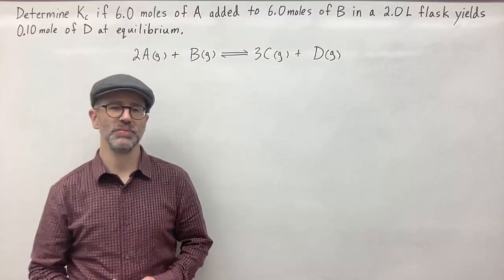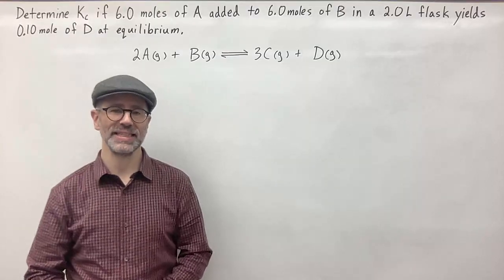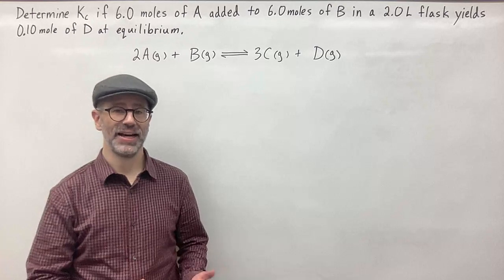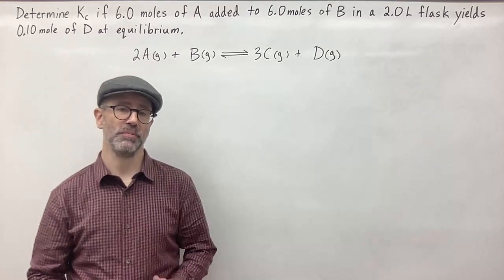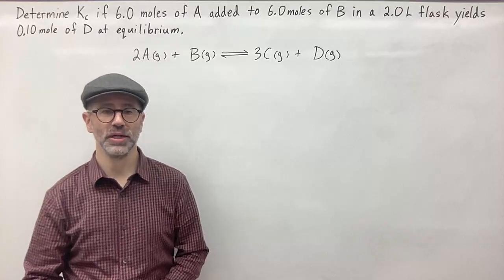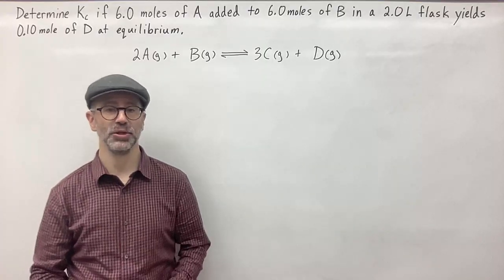Okay, so in this problem, we're asked to determine the Kc if 6.0 moles of A added to 6.0 moles of B in a 2-liter flask yields 0.10 moles of D at equilibrium.